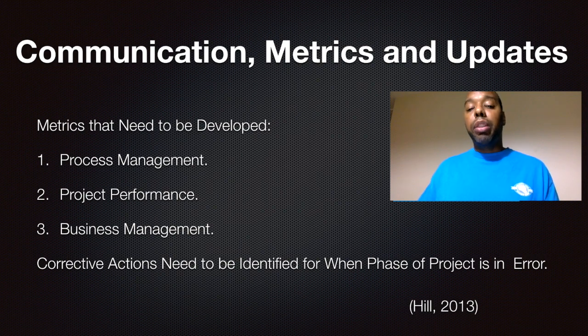And so corrective actions need to be identified when a particular phase of the project is in error. But here's what happens. These particular metrics are picked ahead of time, and so are the corrective actions. In a situation where something unanticipated takes place, it's up to the project manager to figure out what to do and to make that hard call.